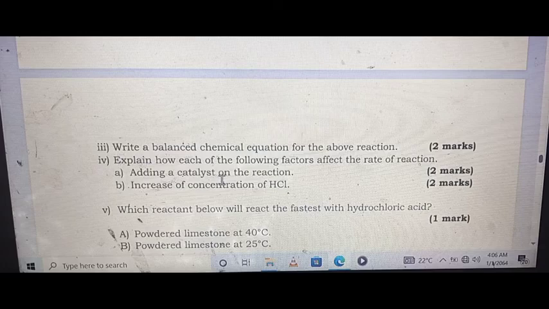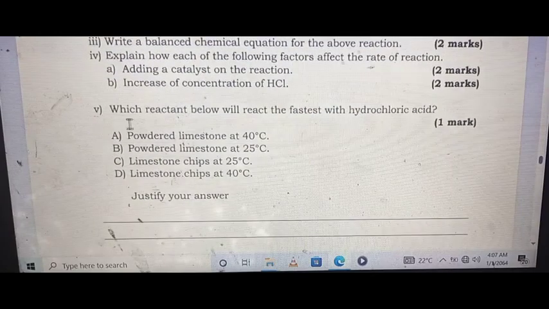A. Adding a catalyst on the reaction increases the reaction rate. B. Increase concentration of hydrochloric acid. The correct answer is increased collision frequency. B. Which reactant below will react the fastest with hydrochloric acid?